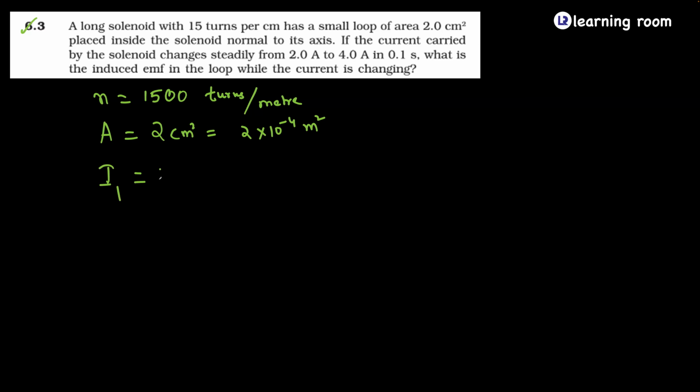So current is changing, I1 is 2 ampere and I2 is equal to 4 ampere, and delta T is equal to 0.1 second.